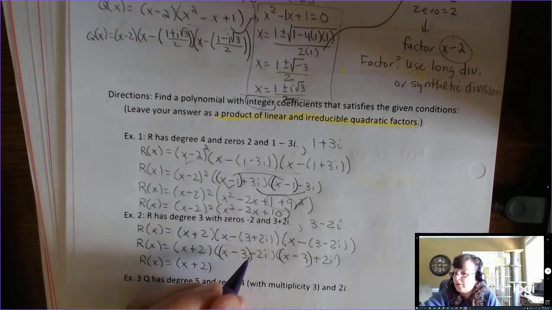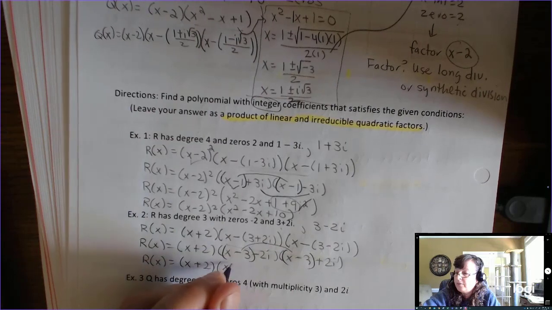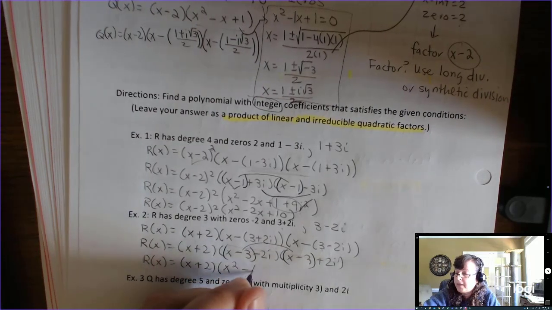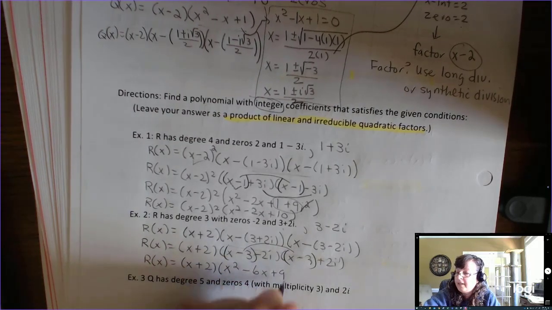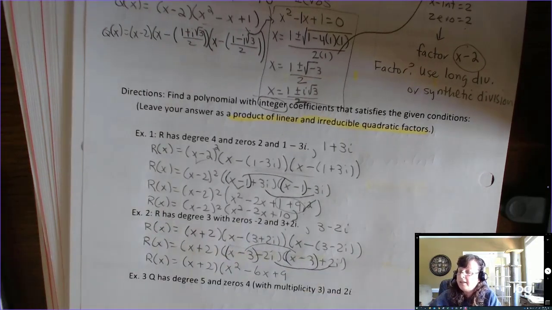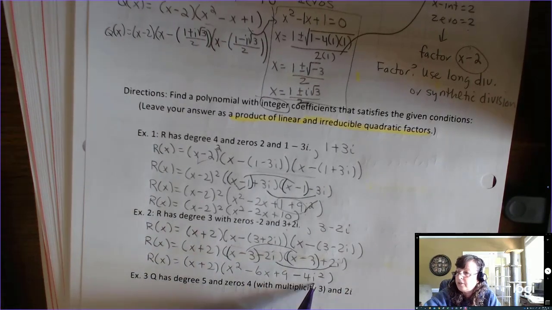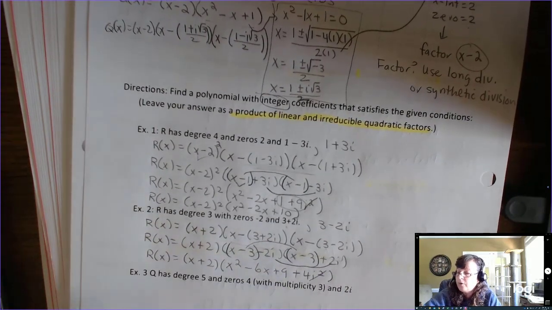So you don't have to worry about the outer and inner terms. Just multiply x minus 3 times x minus 3, which is x squared minus 6x plus 9, and then multiply the negative 2i times the positive 2i, and that's minus 4i squared. i squared is a negative 1, so that's plus 4.